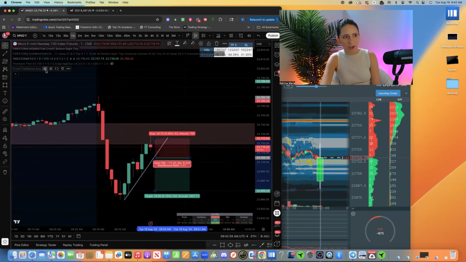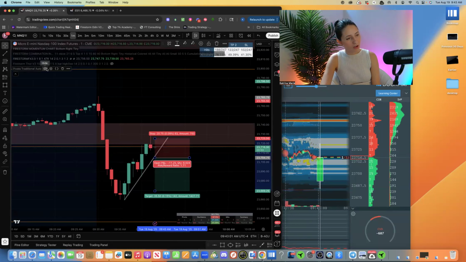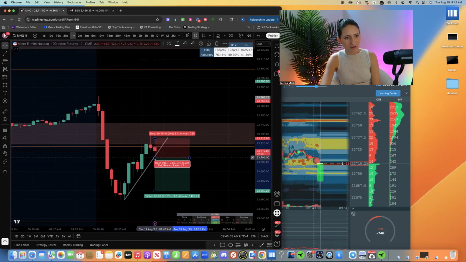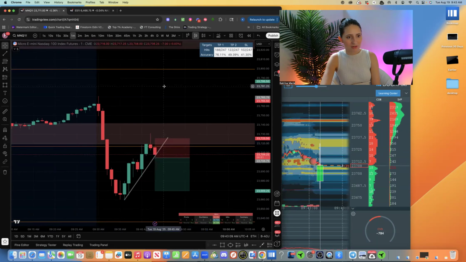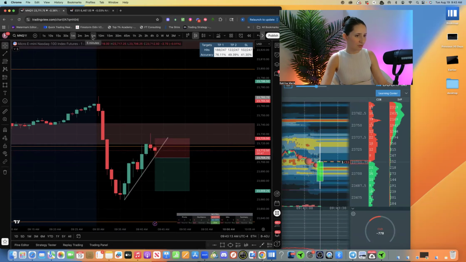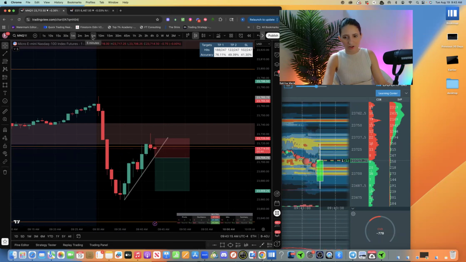Where's my pivot point? Look at that. I had a feeling that pivot point was right there. Did not trigger it. Up $630 across 4 accounts.